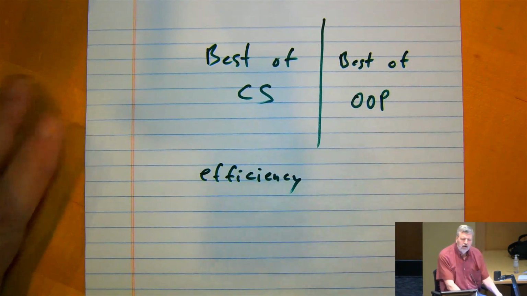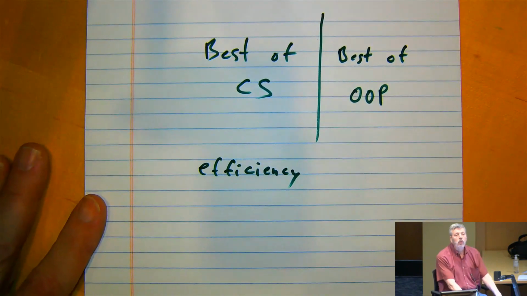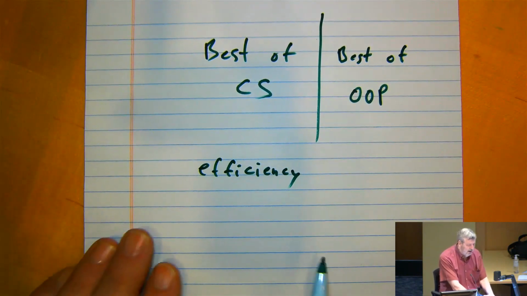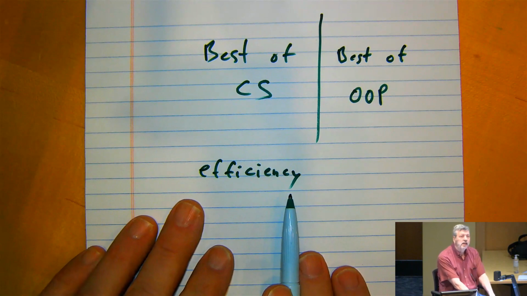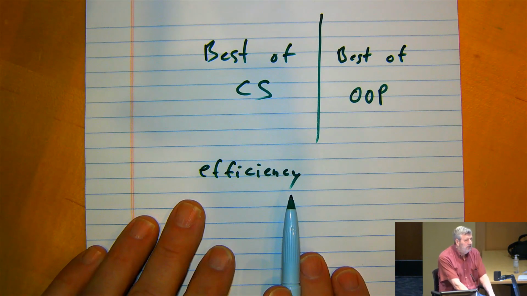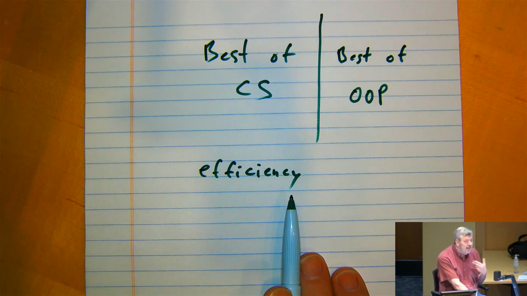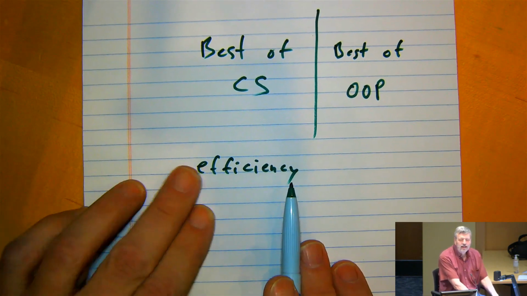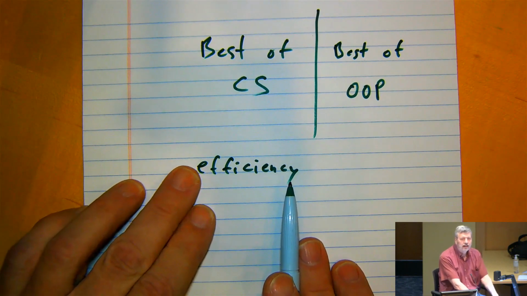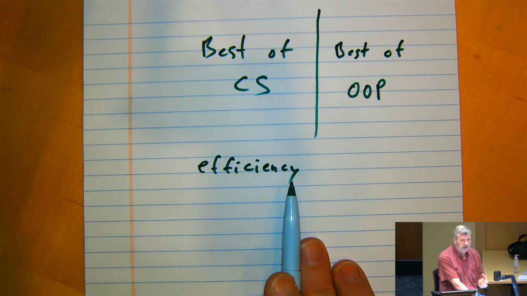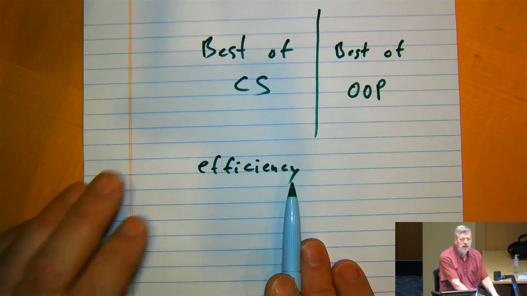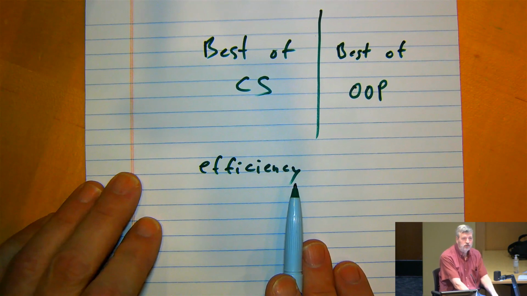And I almost don't want to talk about efficiency, partly because I feel like a lot of novices, and even people who haven't programmed, they're young, but they think they know a lot about programming, have an obsession with efficiency, what seems to me to be an unhealthy obsession with efficiency.